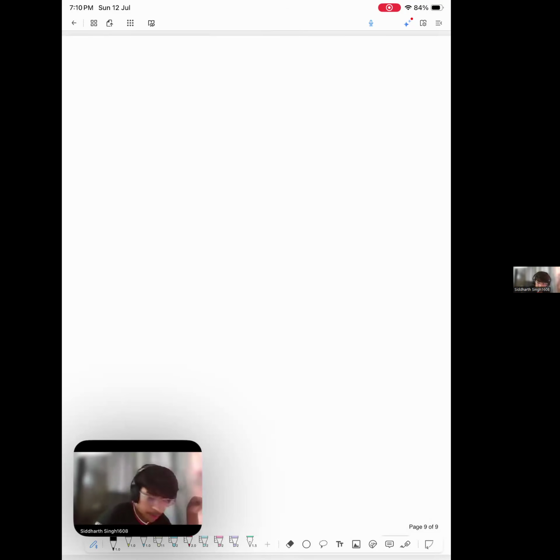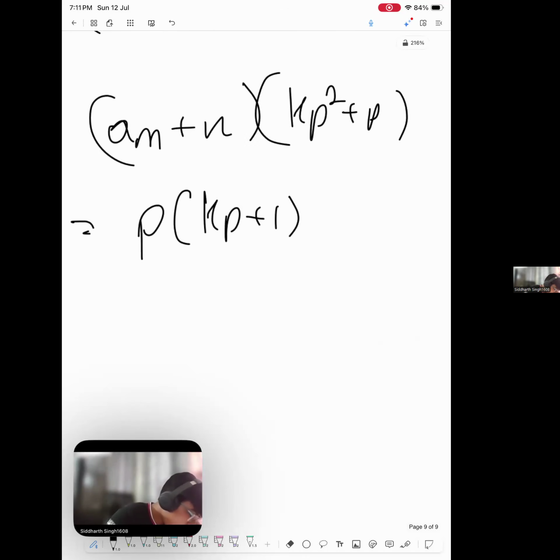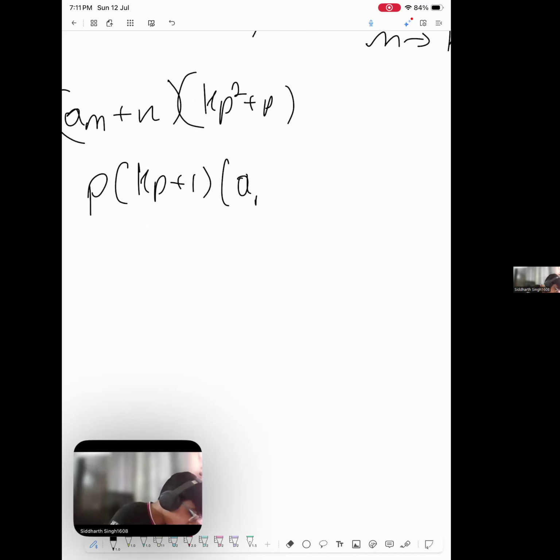So now, once you choose that kind of m, what would you get? Am plus n times an plus n. Choose m as kp square plus p minus an. Then this is kp square plus p times am plus n, which is p times kp plus 1 times am plus n.